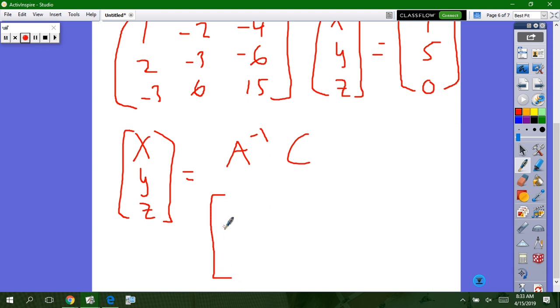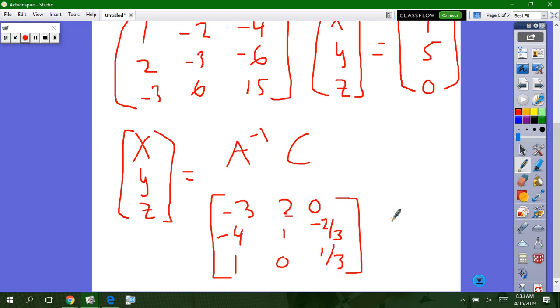Who was A's inverse? What did we get? We got negative 3, 2, 0. Remember that. Then it was negative 4, 1, negative 2/3. Then 1, 0, and 1/3. Okay, so that's A's inverse.